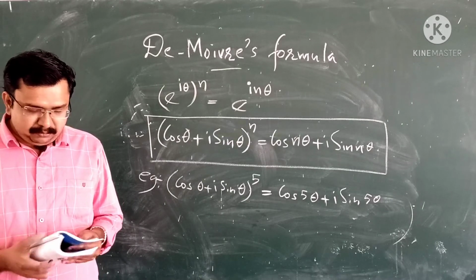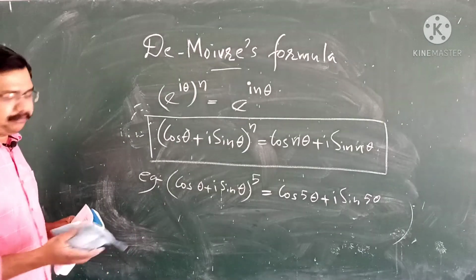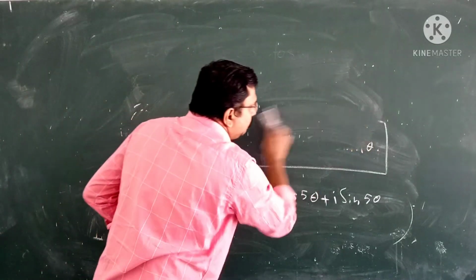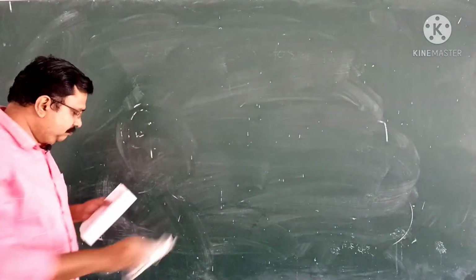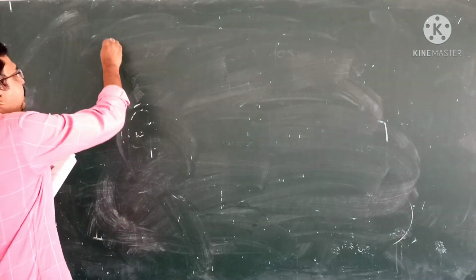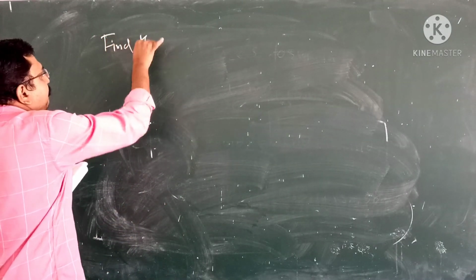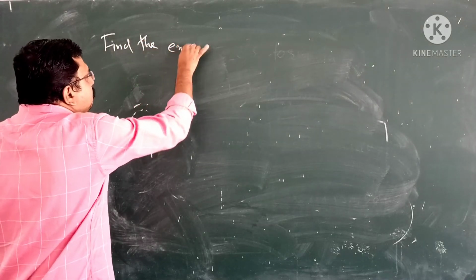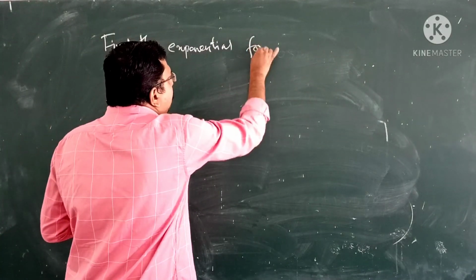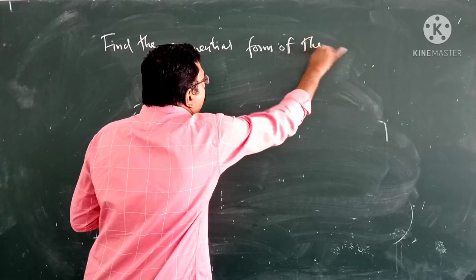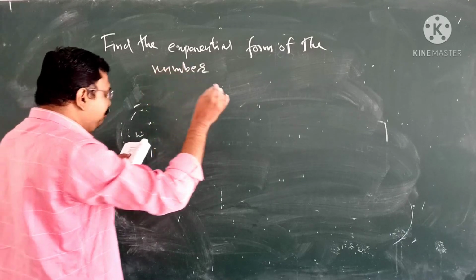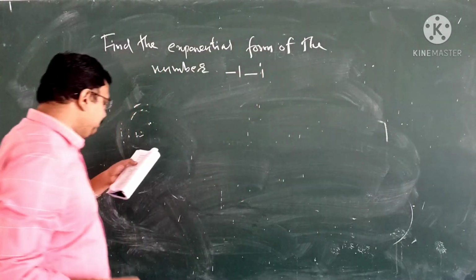Next we can do a simple problem. Question is, find the exponential form of the number -1 minus I. Okay.